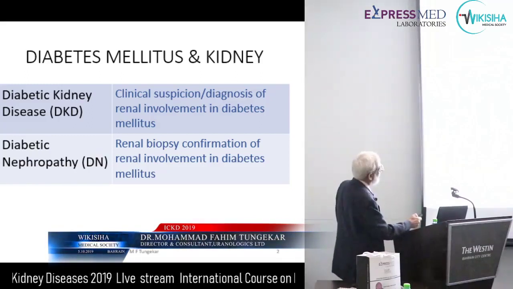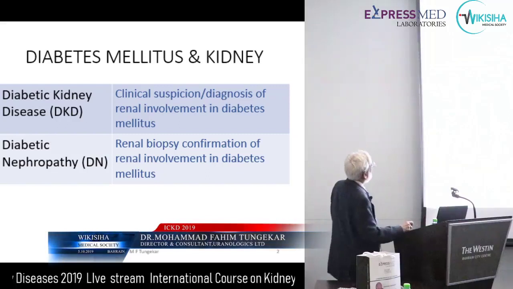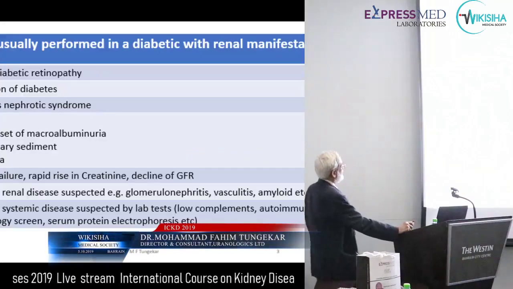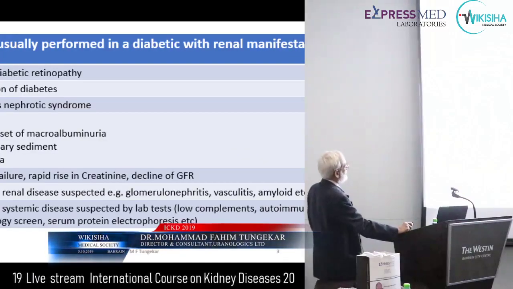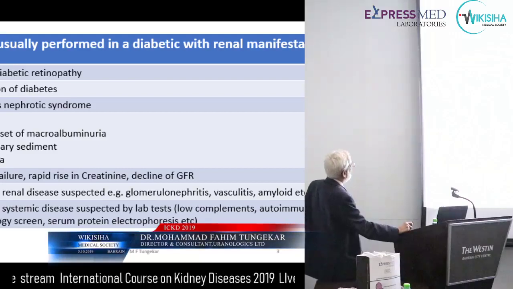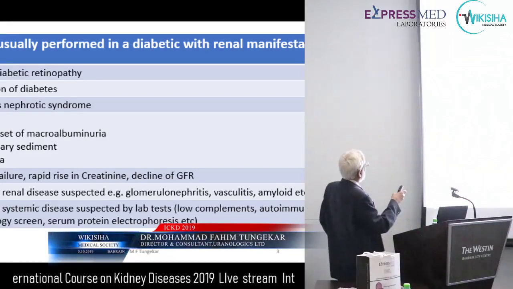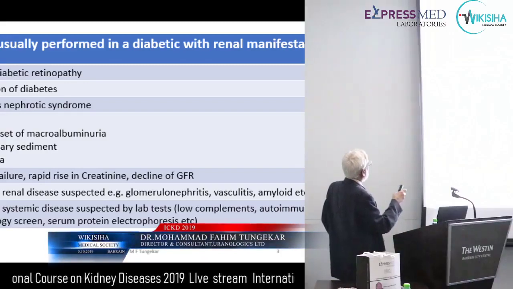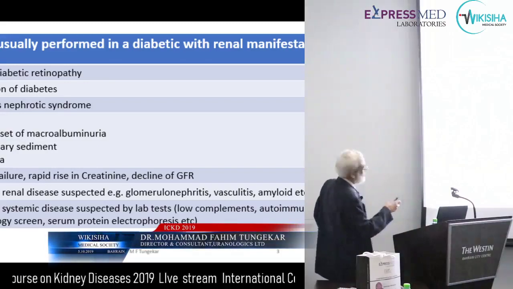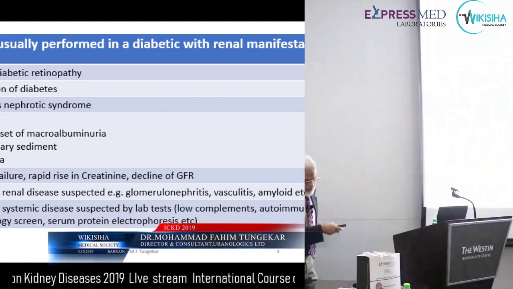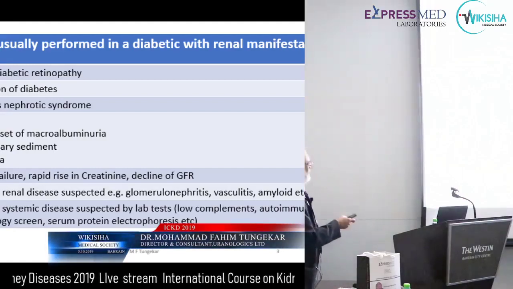Right. So now, when does the clinician usually perform a biopsy? With renal manifestation. There is some variation here, which Dr. Lavedi told us, that absence of diabetic retinopathy is not a uniform one. It differs between type 1 and type 2.